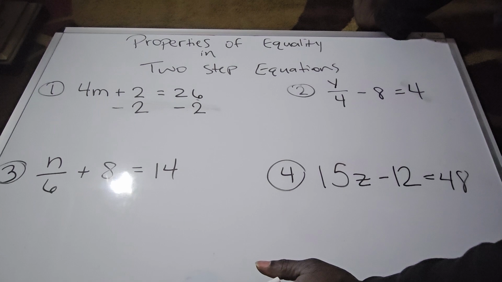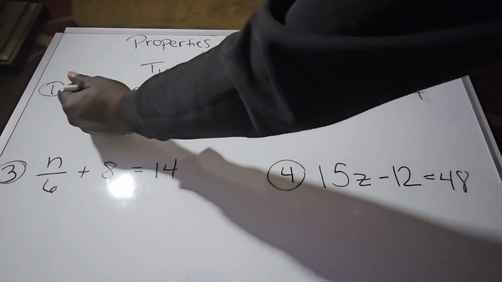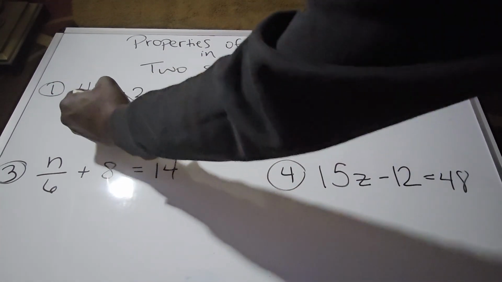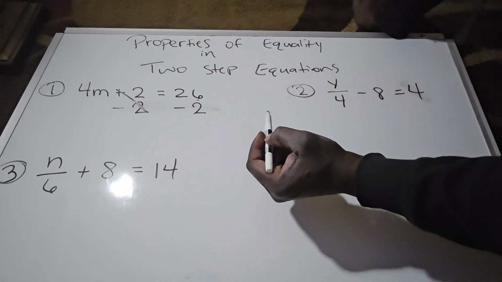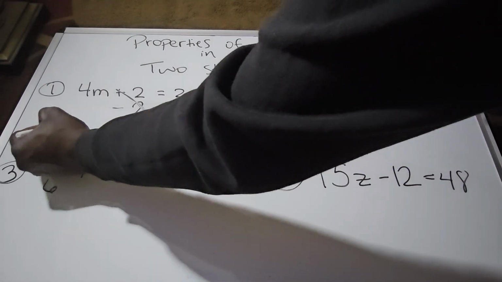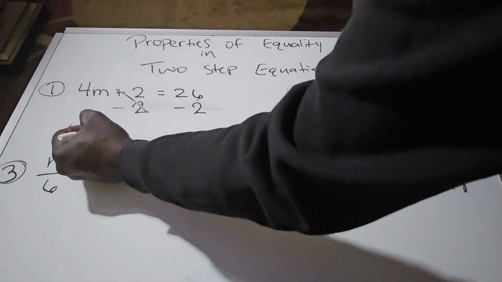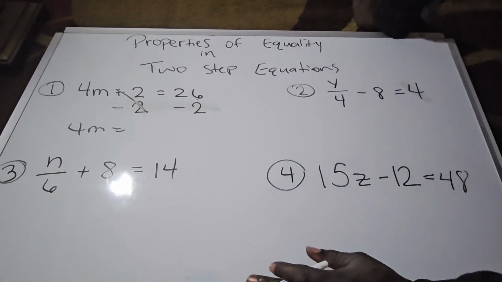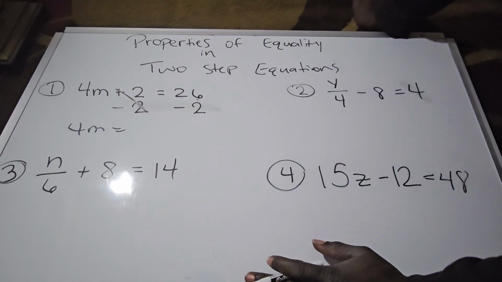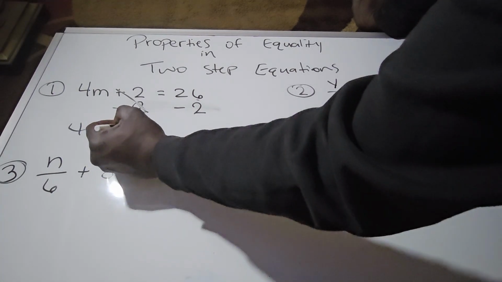Now, because we subtracted 2 on the side where 4m is, we have to subtract 2 on the other side to make the equation true. So plus 2 minus 2, those cancel out. And now we have 4m all alone. Now on the other side, we have 26 minus 2, which is 24.